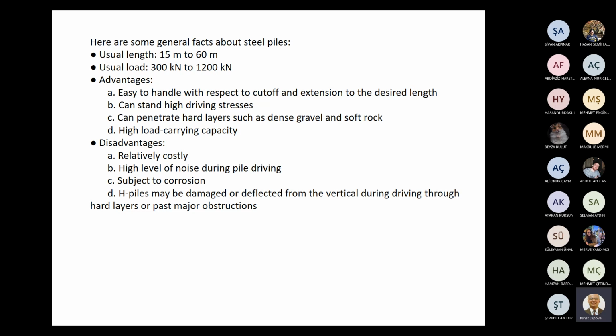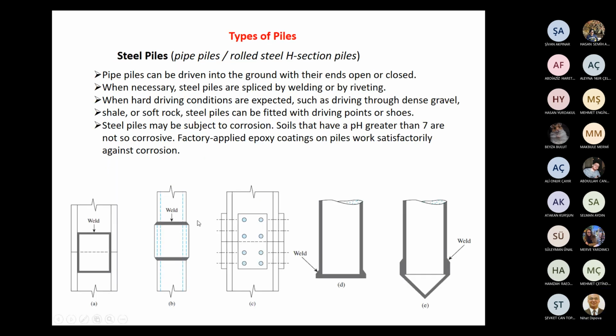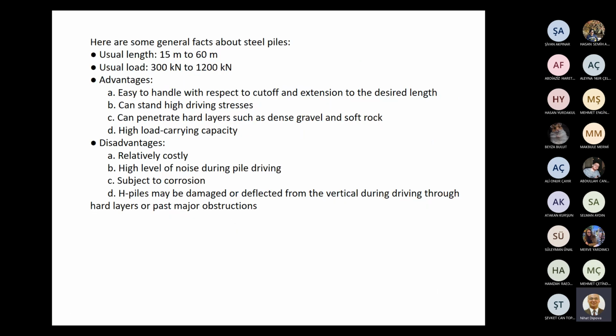Advantages may be easy to handle with respect to cutoff and extension to the desired lengths. Extension may be by means of welding or riveting, and they can stand high driving stresses. We can use any driving hammer. They can penetrate hard layers such as dense gravel and soft rock, and have high load carrying capacity.